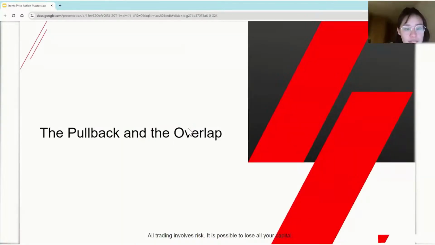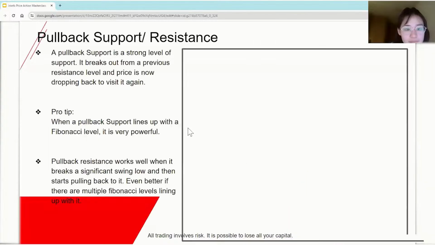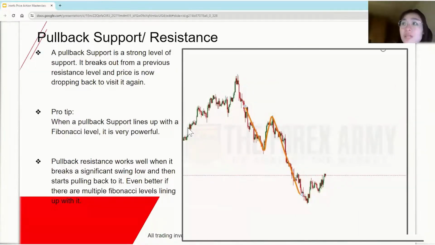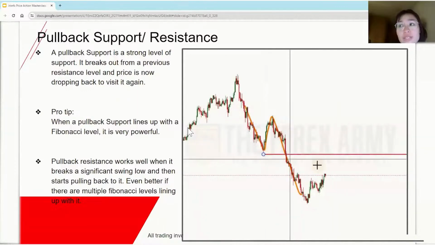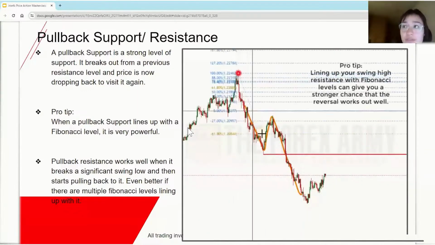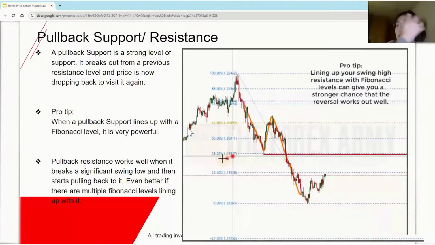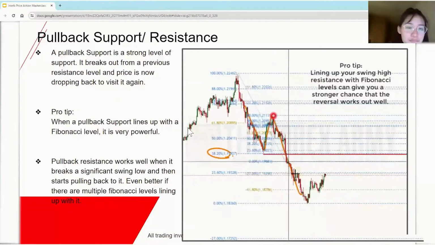Okay, now let's look at the pullback and the overlap. So I did kind of mention the overlap earlier, but a pullback support is basically before an overlap occurs. So it's a strong level of support and resistance, and it breaks out from the previous resistance level, and price is now dropping back to visit it again.